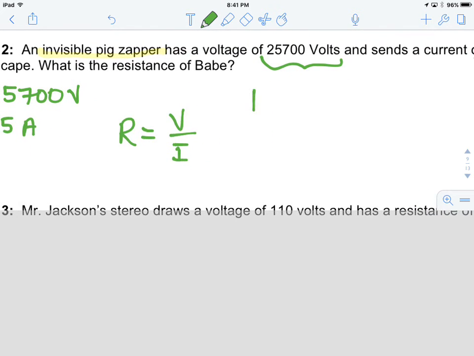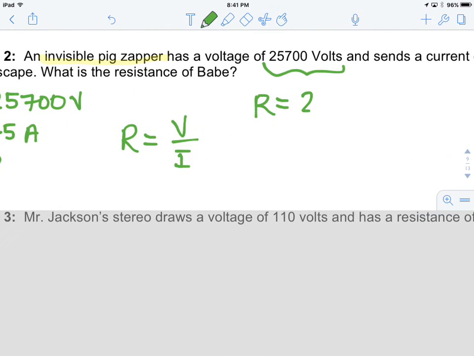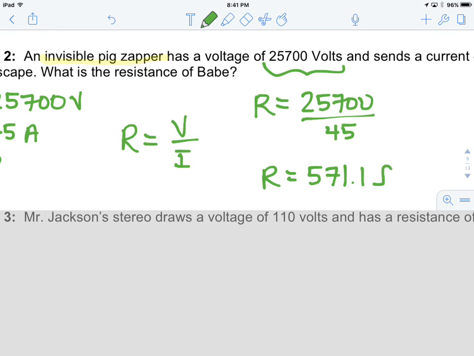And so here we have 25,700, and we divide by 45. When we put this into our calculator, 25,700 divided by 45, I get 571.1 ohms.